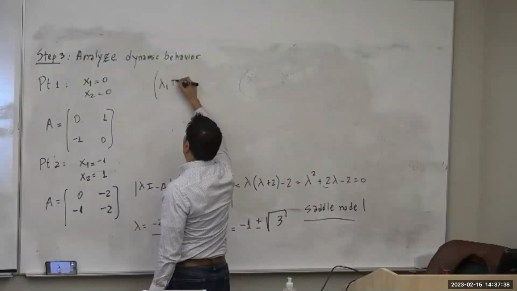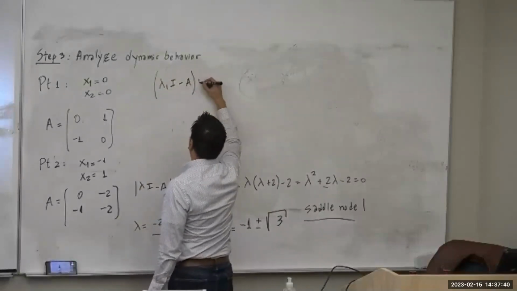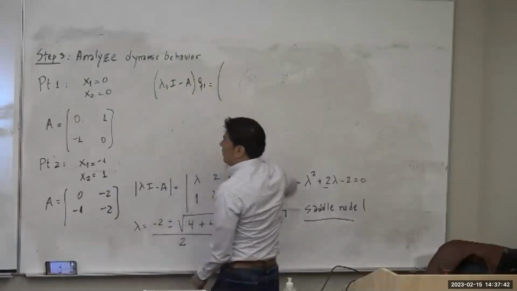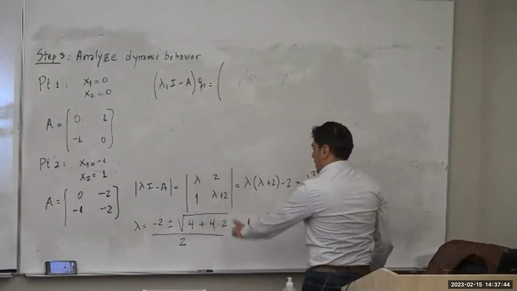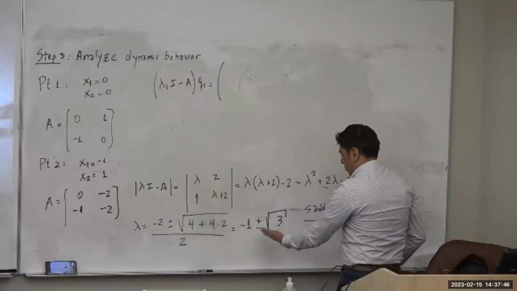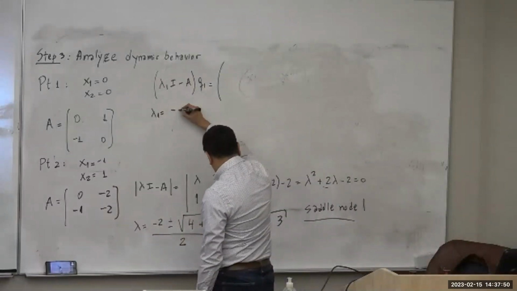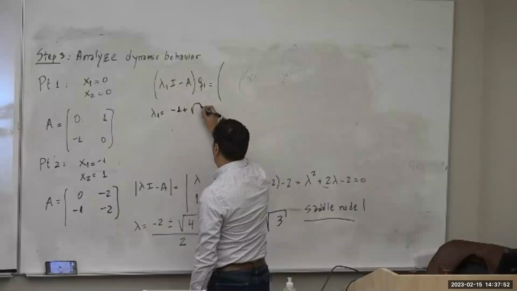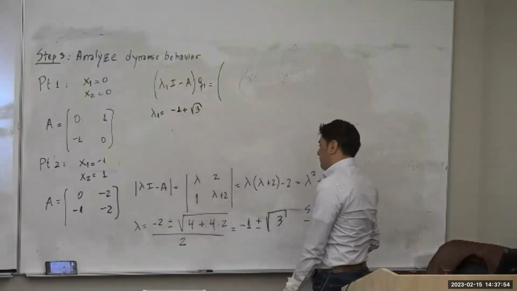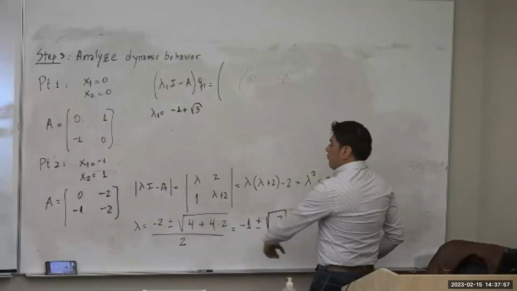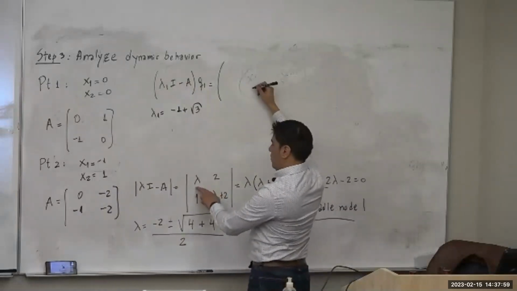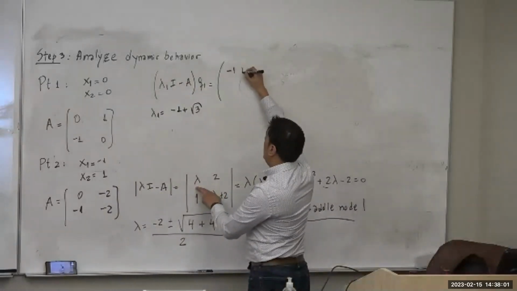So we have lambda 1 I minus A multiplied by q1. So we have this situation here, and we will pick lambda 1. Let's say lambda 1 is -1 plus the square root of 3. That's lambda 1. So if we replace that here, we get lambda 1.